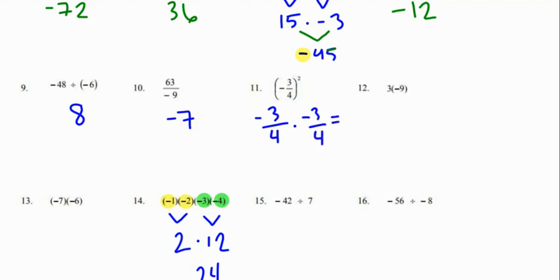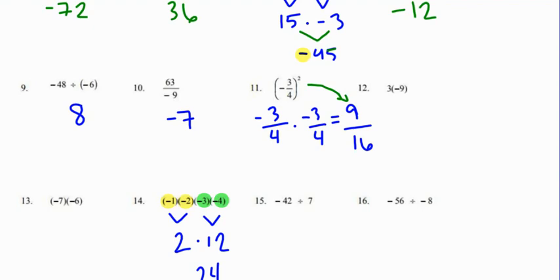And review of fractions, when you multiply fractions, you just go straight across, right? So -3 times a -3 is a positive 9. 4 times 4 is 16. So -3/4 squared is equal to 9/16, positive 9/16.